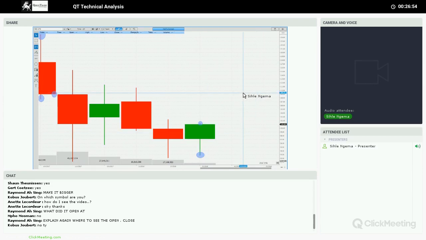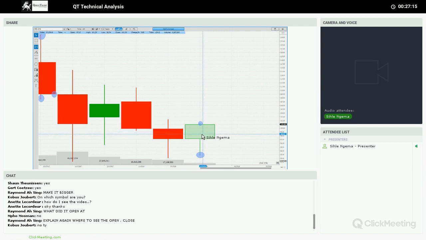Now, if you want to see the exact prices, what you can do is put your cursor on the candlestick itself, and here at the top, that is where you will have the opening, the highest, the lowest, the closing, and the change in percentage for this month.